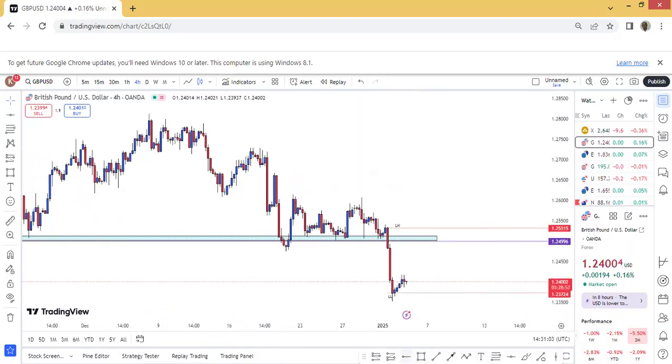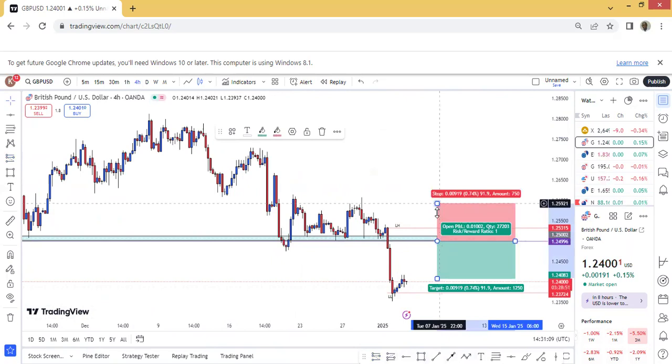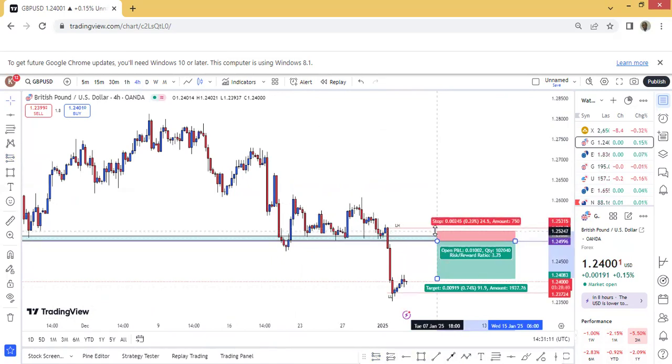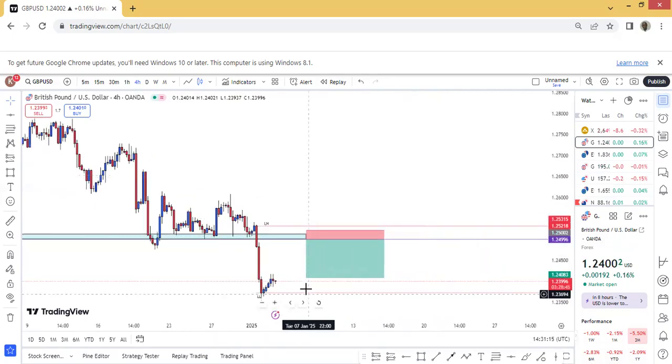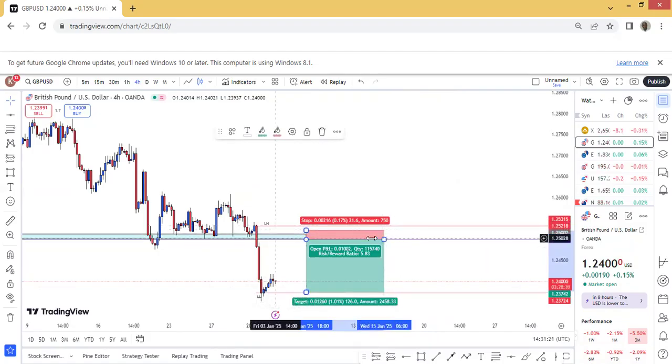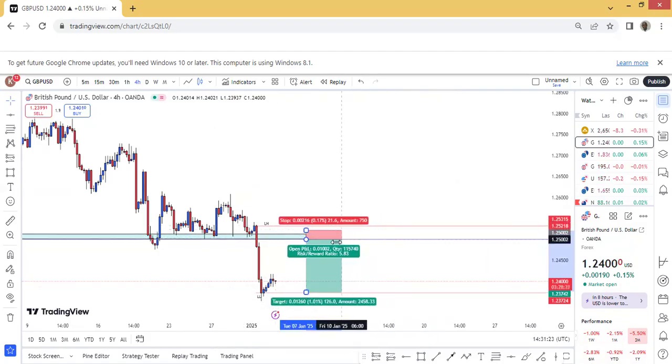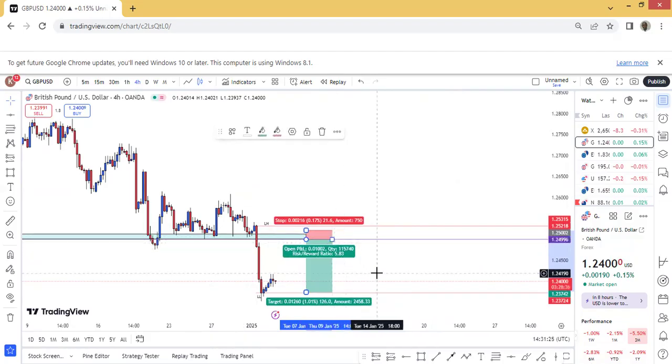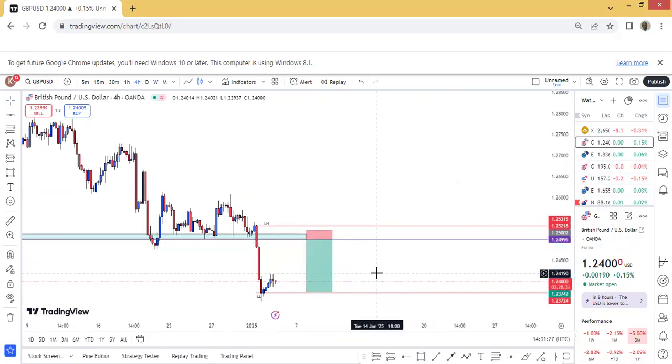I set my short. I use pending orders most often. Because I'm trading from the key level, I want to sell from the key level. So that is why I use pending orders, so I will not miss my entry. But if you are one that is giving 2 candlestick confirmation, then you can wait.